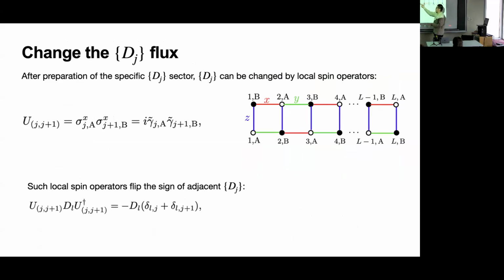So suppose we have a Y bound, and you apply XX operators on the quantum state, then you can show that you effectively change the adjacent DJ operators. If you apply XX operators on this Y bound, you will flip the sign of DJ of these two bounds. Okay, so with the projective measurements and the local spin operators, one can reach any of the DJ sectors.